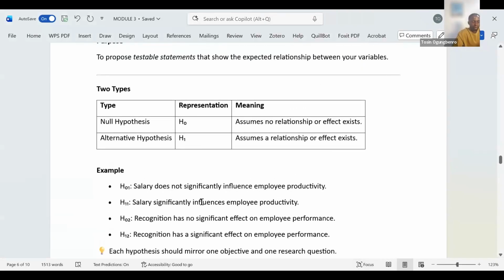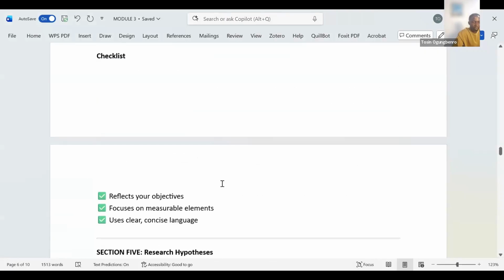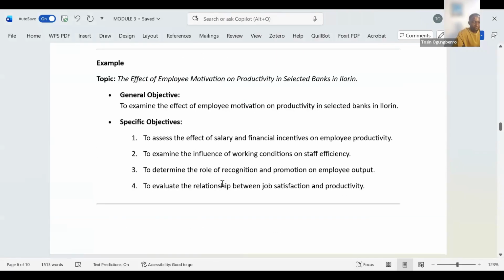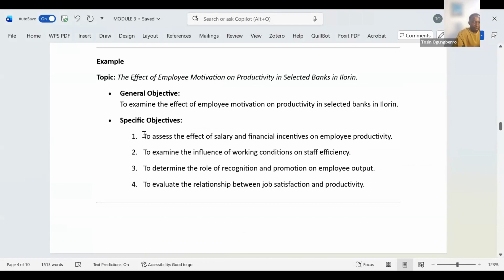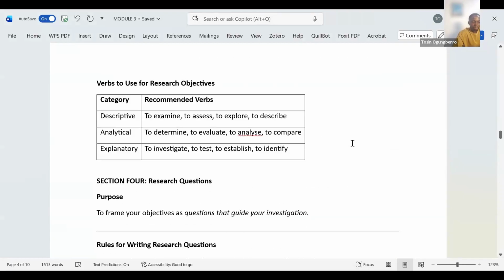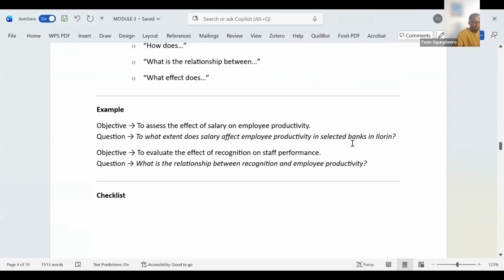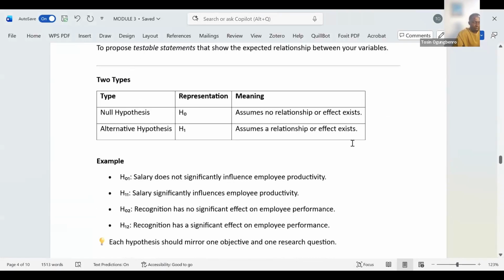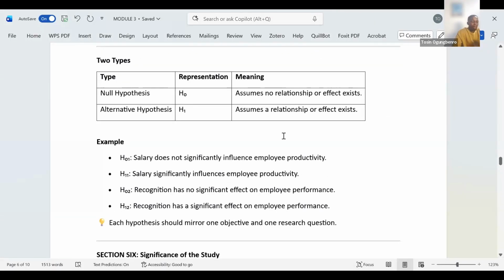You notice the first objective there is talking about salary and financial incentives on employee productivity. So a hypothesis is more like you are linking two variables.